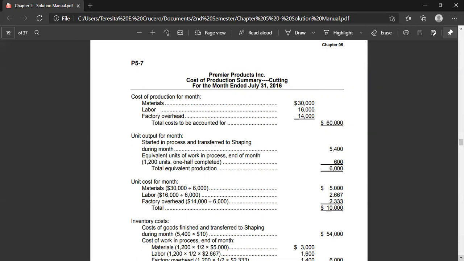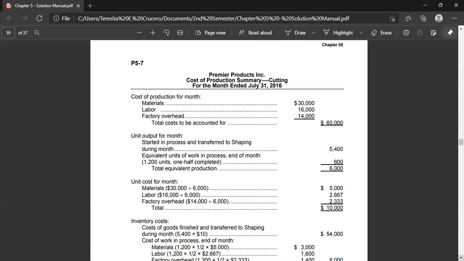Now, so what we will be having is the unit output for the month started 5,400 units, and then we have the work in process at the end 1,200 units times stage work done, one half. Okay, so we have now 600 units. Then we have the equivalent production of 6,000.